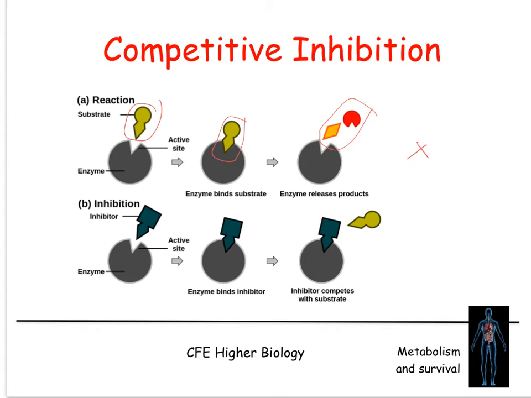There's no inhibition in this. But in this situation down below, there is an inhibitor. Here's our substrate, but the inhibitor is able to bind onto the active site, and because it binds onto the active site, it prevents the true substrate binding to it. So it inhibits the enzyme.